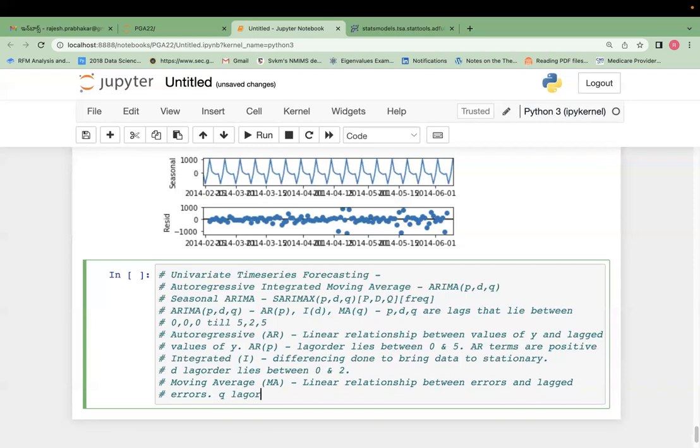The Q lag order lies between 0 and 5. MA terms are negative.